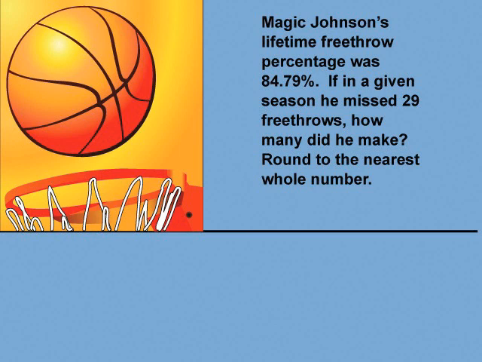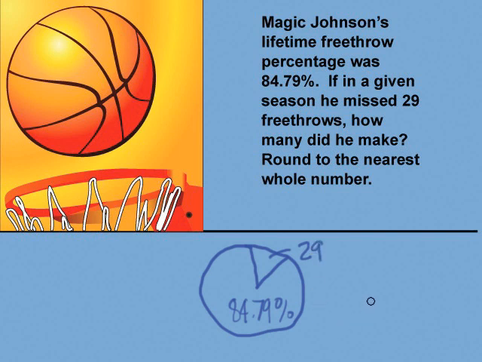If we draw a circle, this large section represents the 84.79%. But we don't know what number this is. We are told the other section of the circle, the free throws he didn't make, is 29.